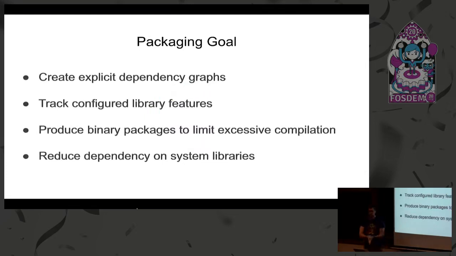And so when we look at what's going on here, what do we want to do when it comes to packaging? We want to create explicit dependency graphs. So it's not run cmake, have it tell us what we don't have, try again, have it still tell us what we don't have, on and on and on. Track what configured features. Some of these libraries are very large in terms of what they can do. We don't always want to configure every single feature inside of GNU Radio just to do one simple stream of, I don't know, FM signals or something like that.